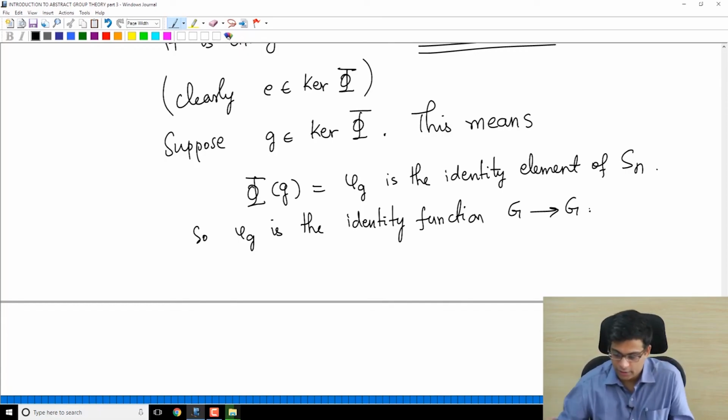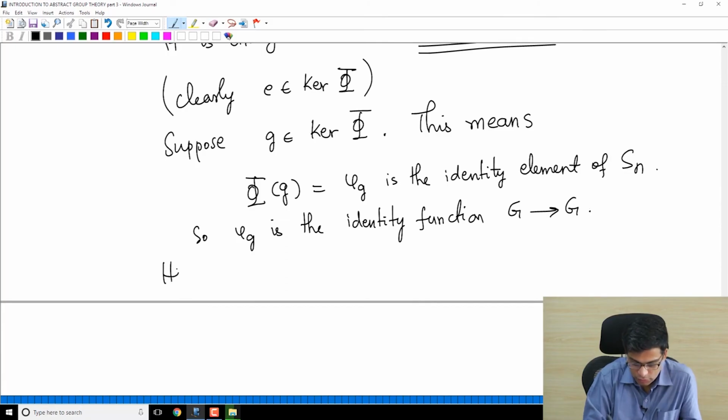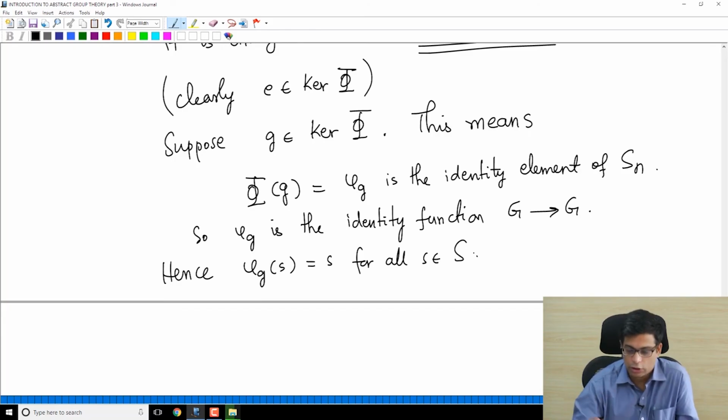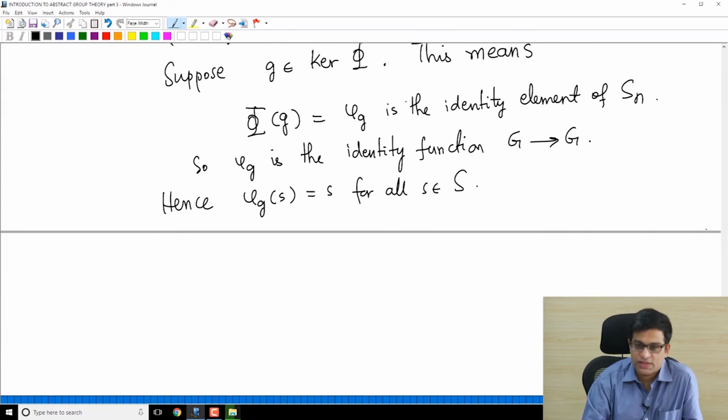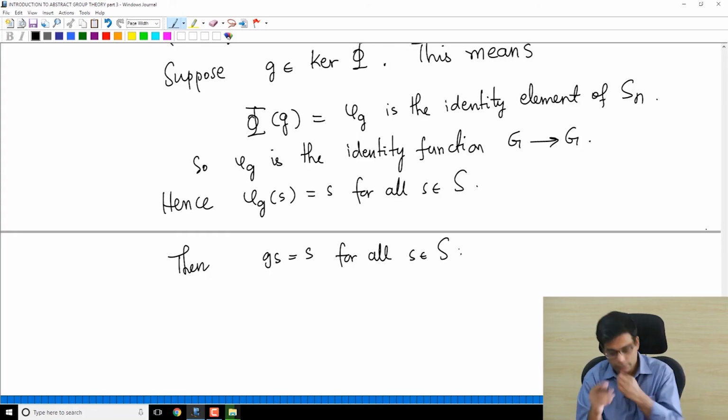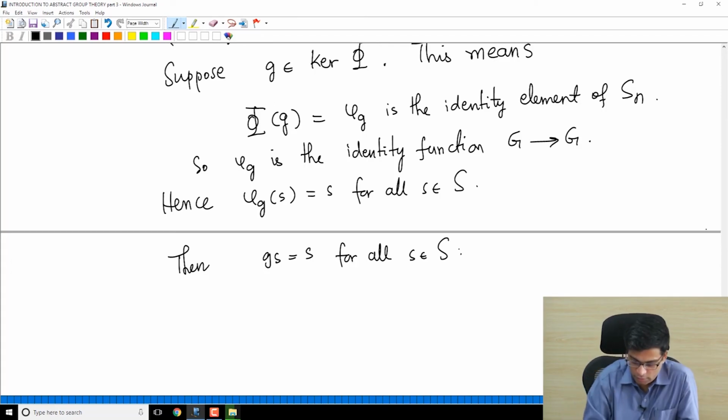Hence, phi sub g of s equals s for all s in capital S. This is the conclusion of small g being in the kernel of capital Phi. But what is phi sub g of s? Phi sub g of s is by definition gs. So gs is equal to s for all s in S.